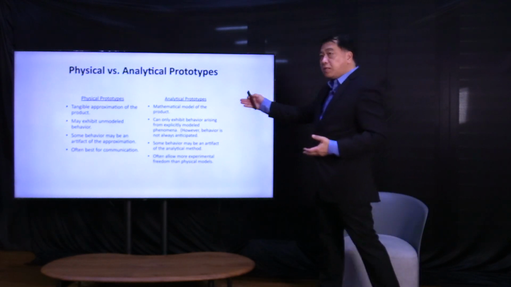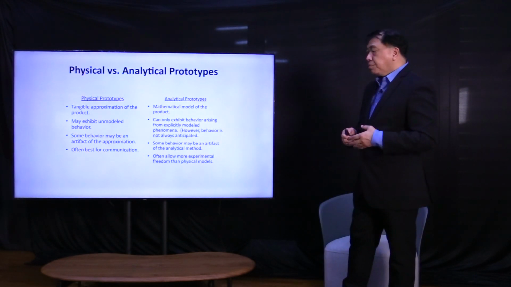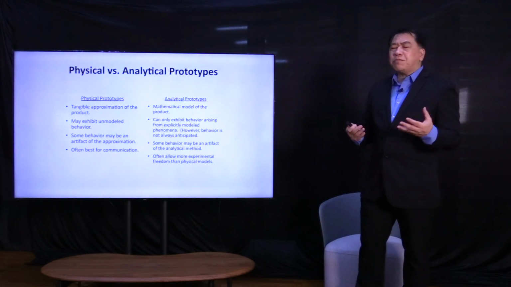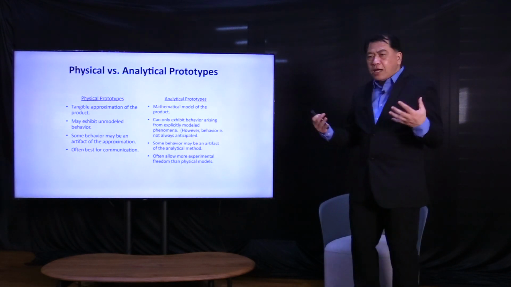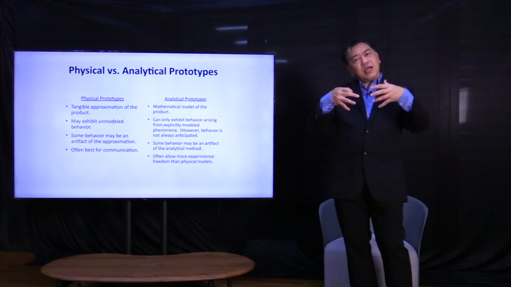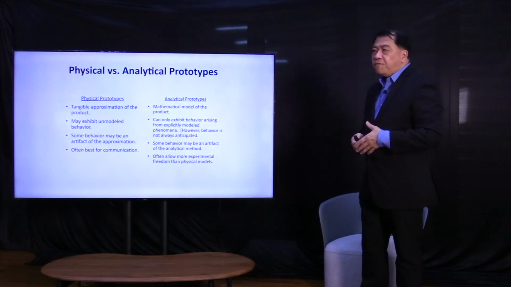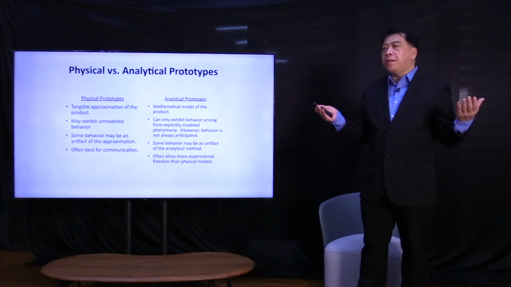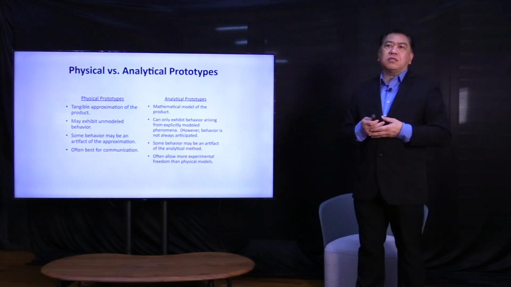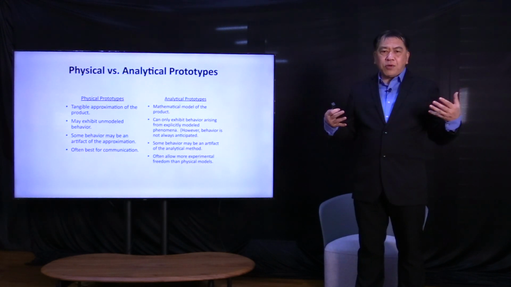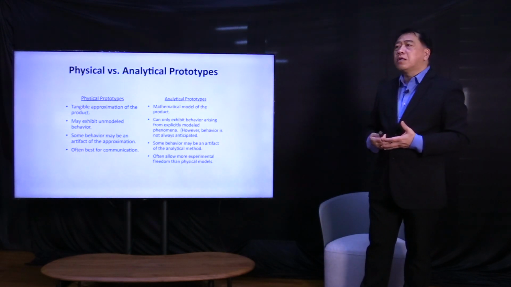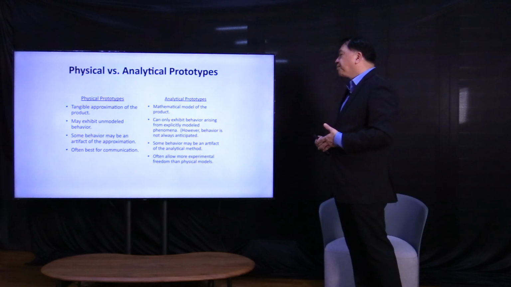Analytical models are mathematical models or simulations. They can exhibit behavior because right now most of the software is pretty smart and can tell you whether two things put together really work or not. In fact, a lot of aircraft nowadays are built by analytical models, and when they assemble, they are no longer being prototyped, they are just built for flight.